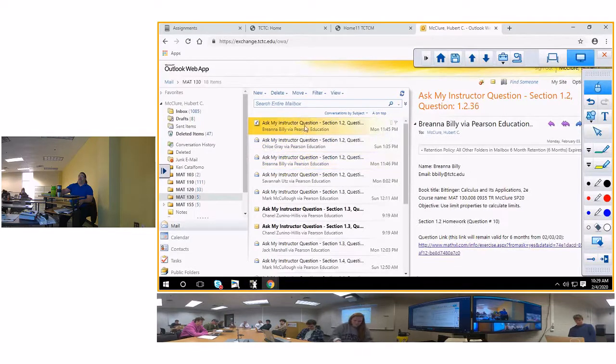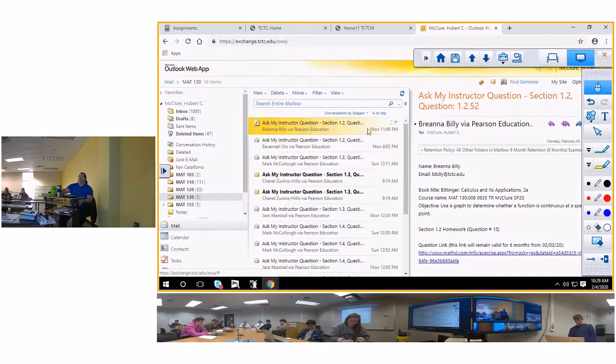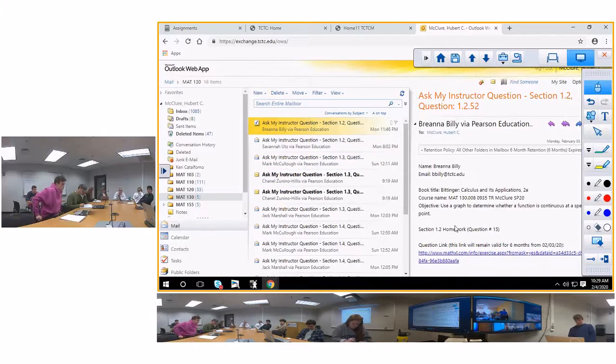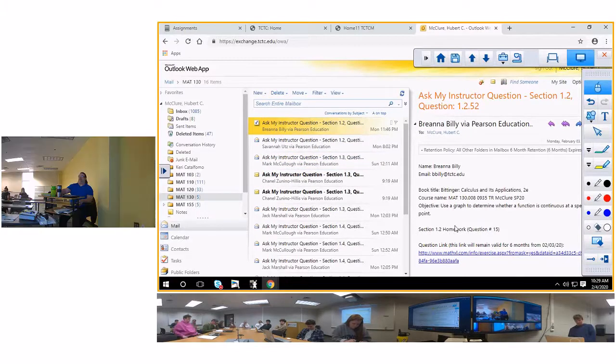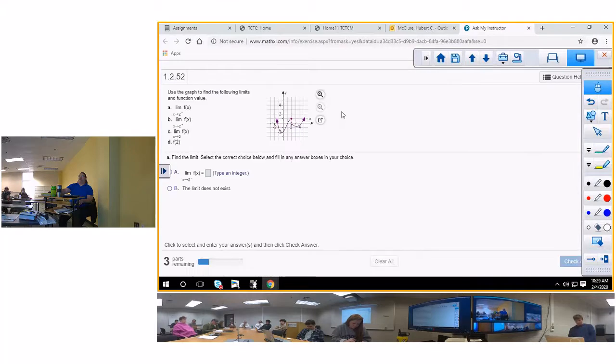So we got these two. All right, 1.2, 52/15. 52/15. Use the graph to find the following limits and function value. All right, we're approaching 2 from the what? From the left.